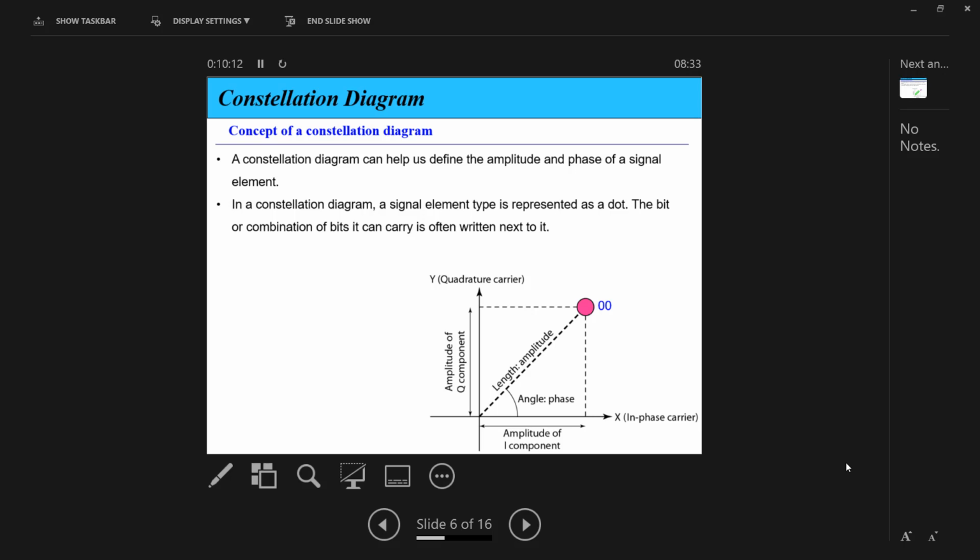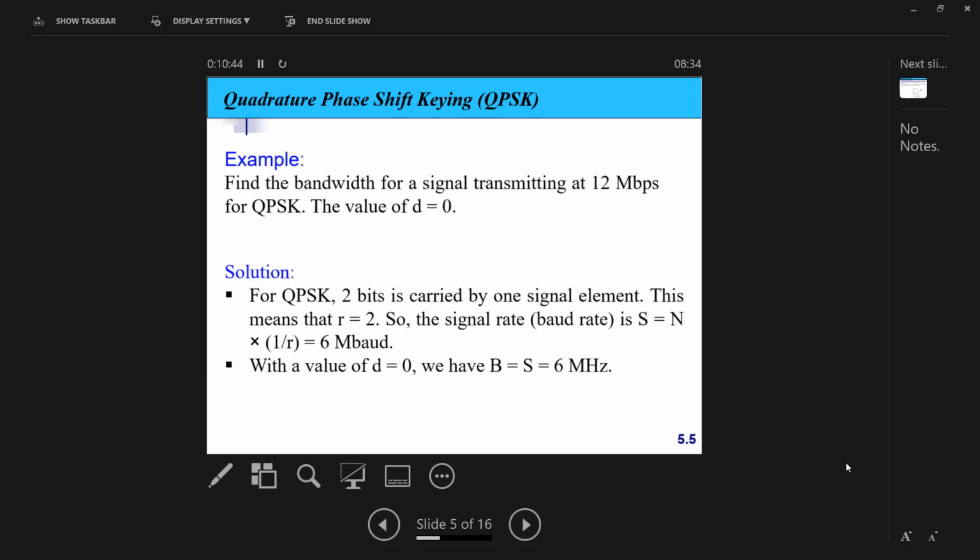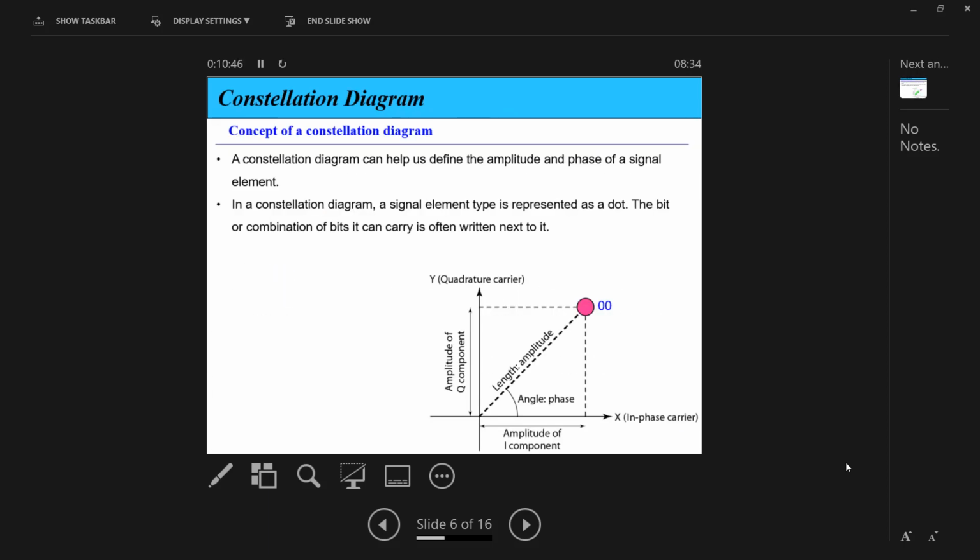For example, here is an example for L equal to 4. The first point is 00. What was the phase of 00 in QPSK? It was 45. In QPSK we had 45.